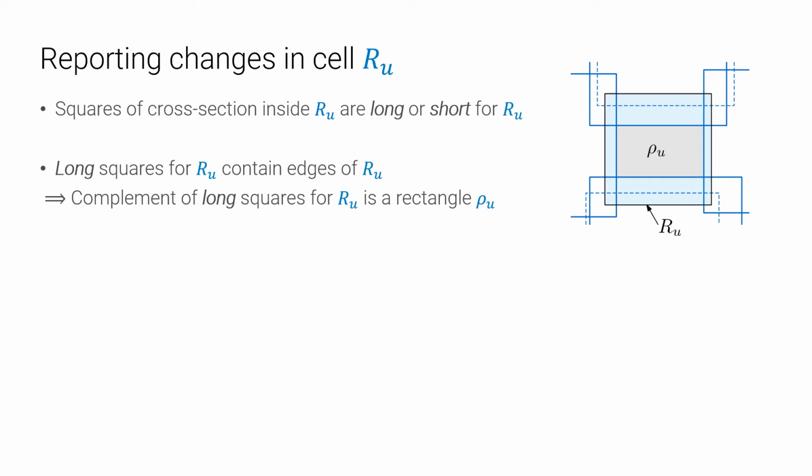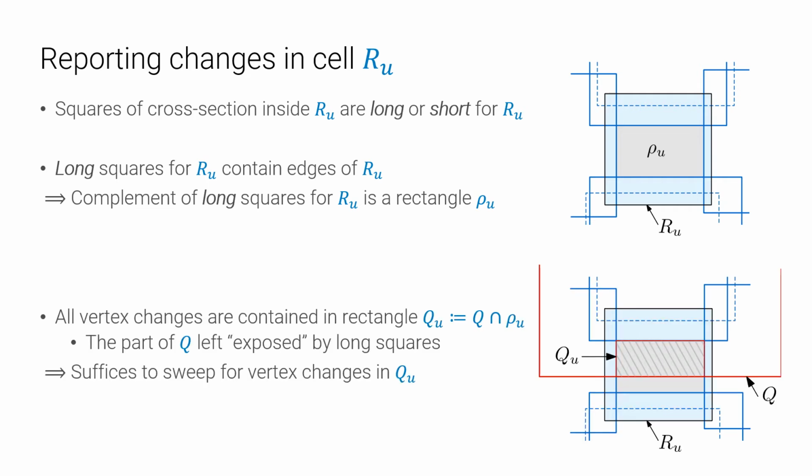In particular, if we consider the long squares, those contain some edge of RU, as depicted on the right, and thus the complement of those long squares is a rectangle contained in its interior, and we'll call that rectangle rho U. So the significance of this rectangle rho U is that all vertex changes in the cross-section as a result of inserting square Q lie in both Q as well as in rectangle rho. Hence, we set QU to be the intersection of Q and rho U, and then we will perform our sweep through QU to report any vertex changes.